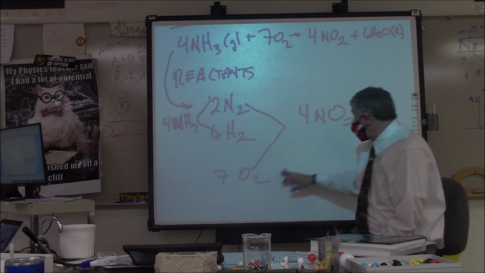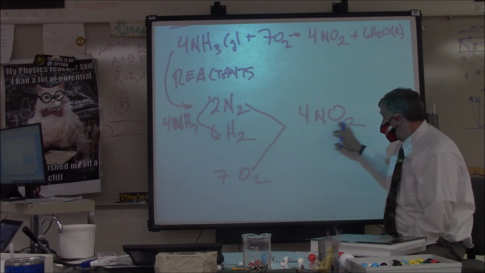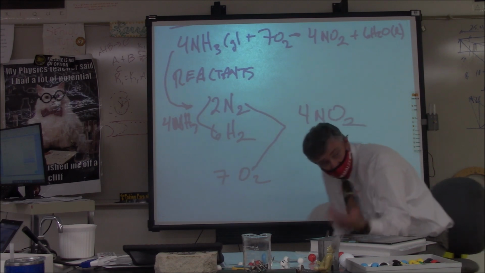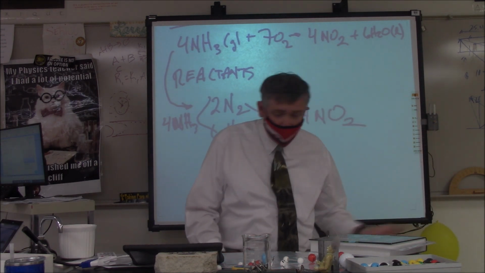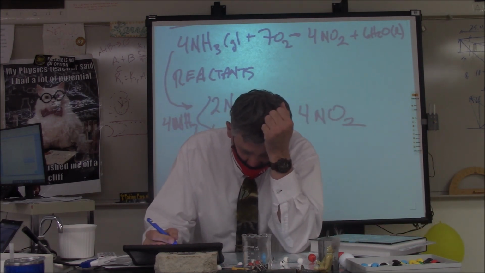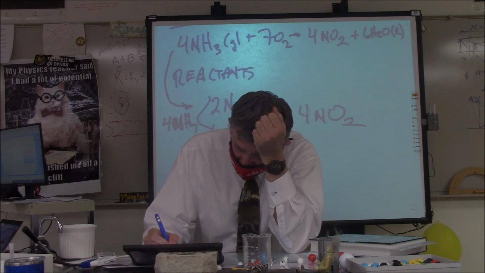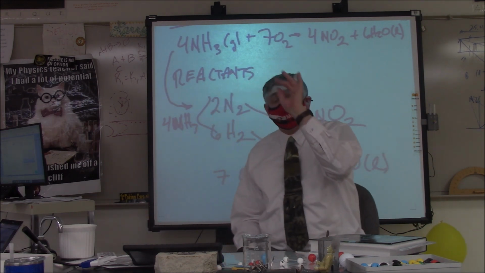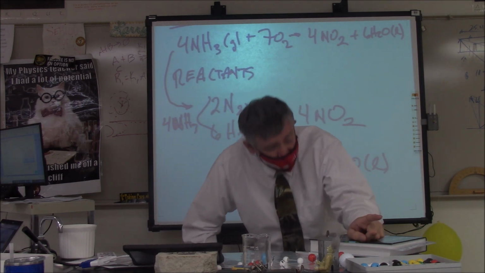I'm going to use part of the oxygens here, so I'm going to use 8 of those oxygens in making the NO2s. The rest of them are going to be used to make water. So then I'm going to take some hydrogen and oxygen, I'm going to combine that and get these 2 O liquids. Now, here's the vital part of the water.